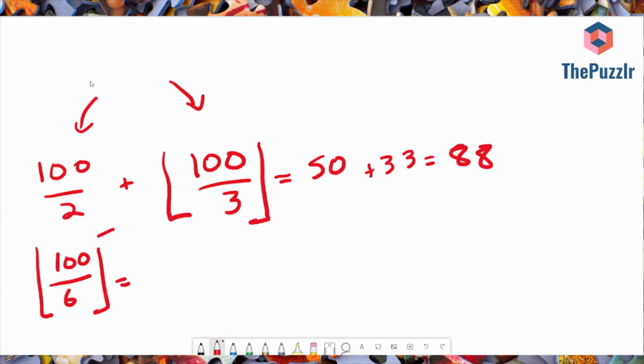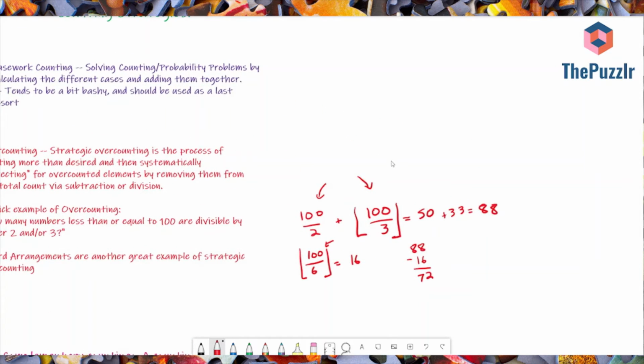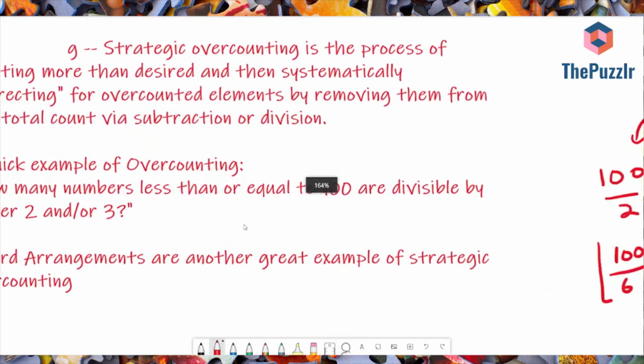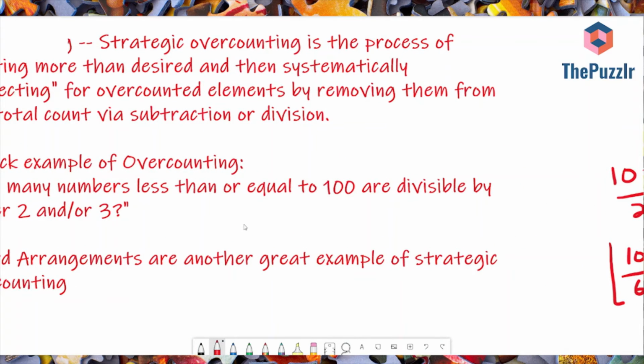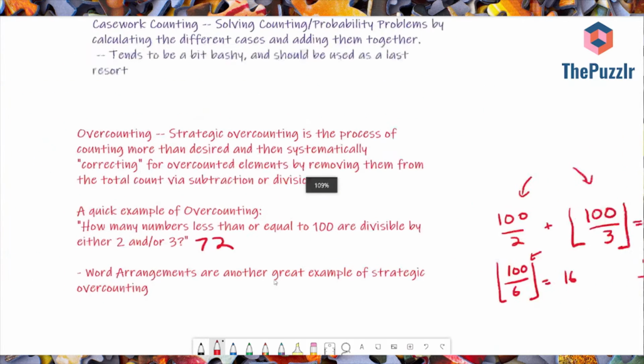And we'll learn more about why this method works in a future class. So 96 divided by 6 would be 16, and then plus 4, so that just rounds down. So 83 minus 16 gives us 67 as our answer. So there's 67 numbers from 1 to 100 that are divisible by 2 and/or 3.